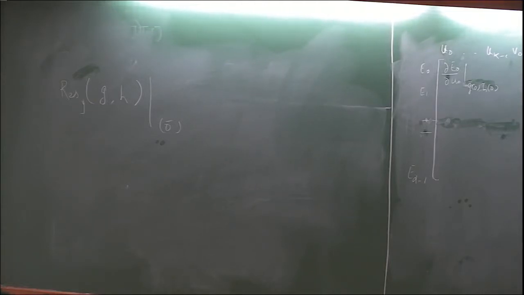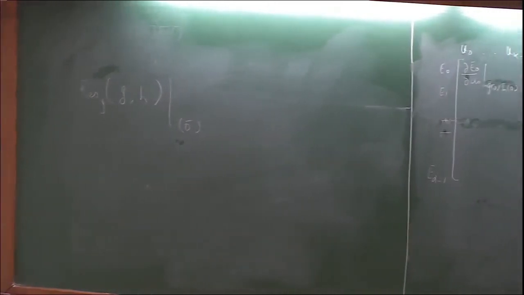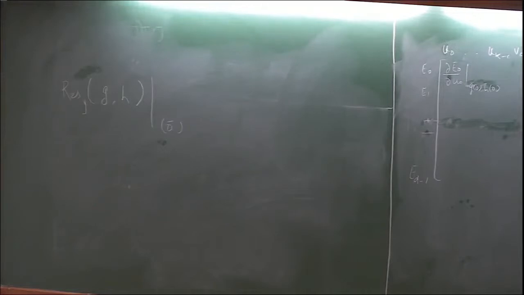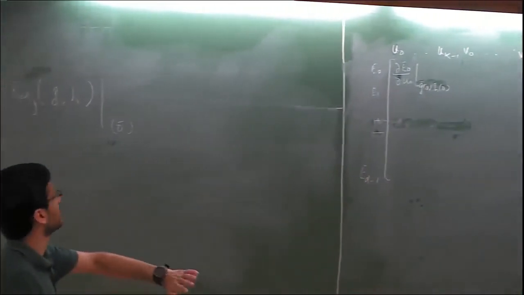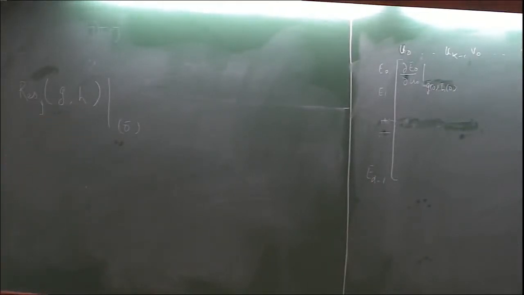And I'm going to assume without loss of generality that the resultant matrix, which as a polynomial matrix is non-singular, actually evaluates to a non-singular value at the origin. Otherwise, we could have just done the whole lifting by looking at ideals generated by x_i minus alpha_i's or something. Okay, so as a formal polynomial matrix, the resultant matrix of G and H is non-zero because their GCD was 1. And without loss of generality, we'll assume that this matrix is actually non-singular even if you evaluate it at the origin. Is this fine?